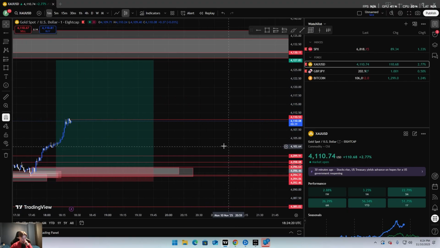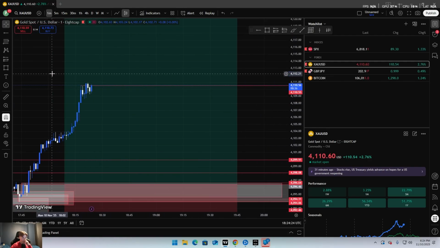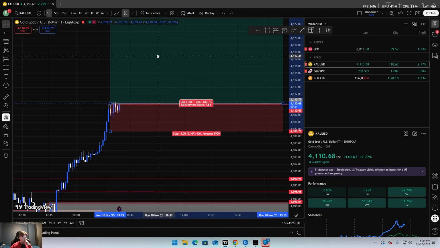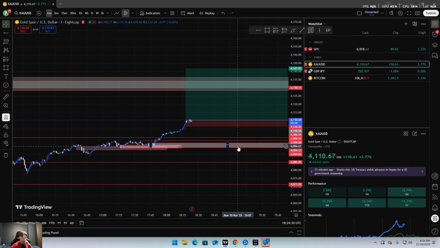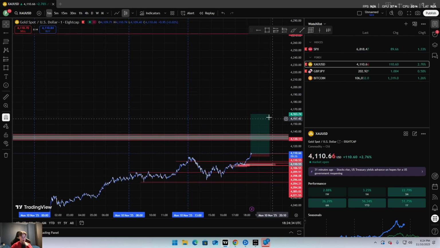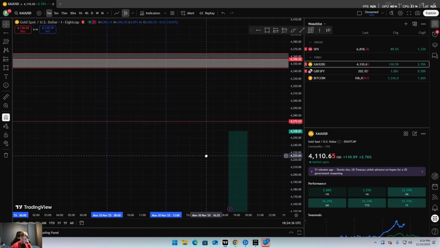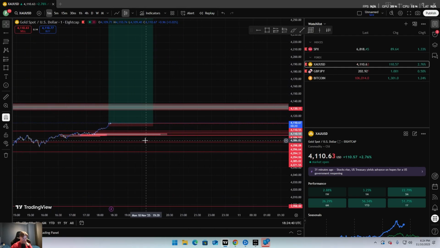Okay, so if a break of structure happens there, that means we're going to be entering the market from there. The market probably is not going to reach that much, but we might be setting up for that.